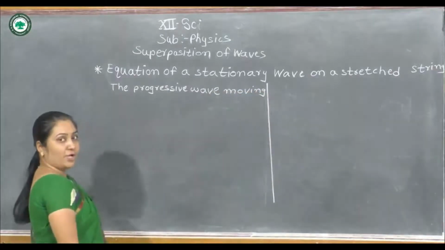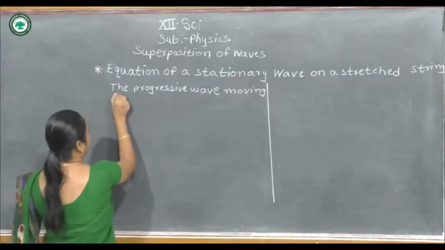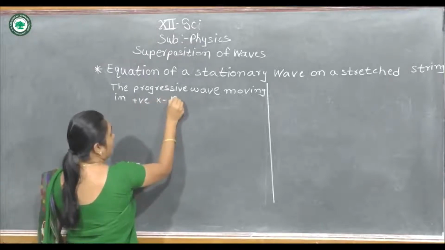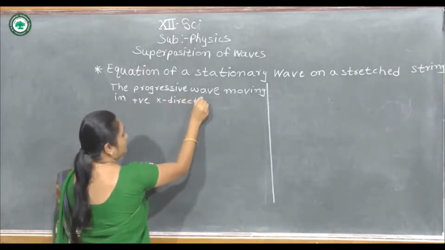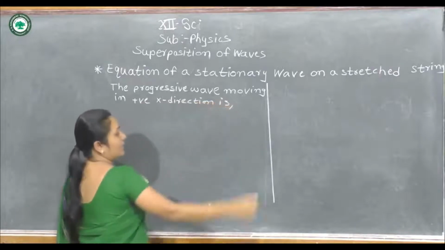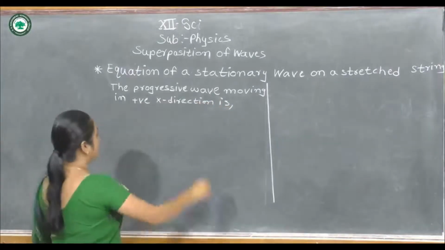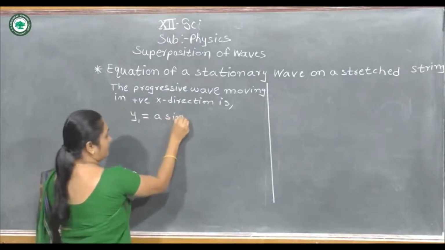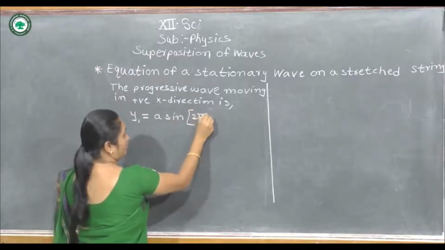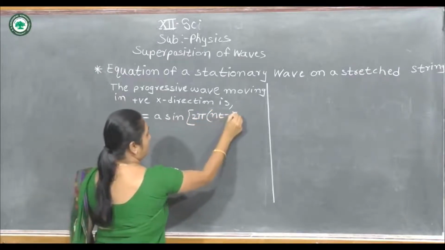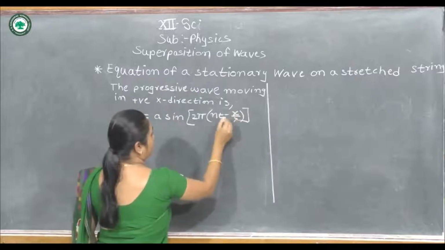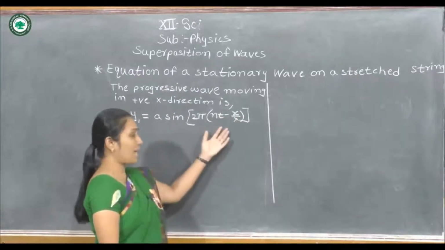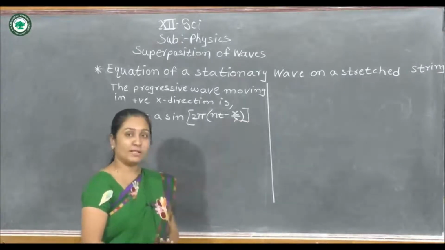The progressive wave moving in positive x direction is given by the equation y1 equal to a sin 2 pi (nt minus x upon lambda).